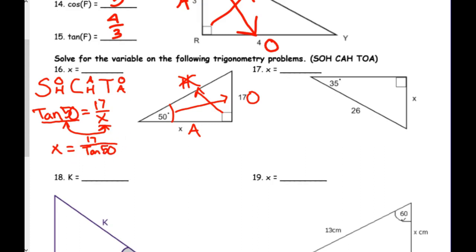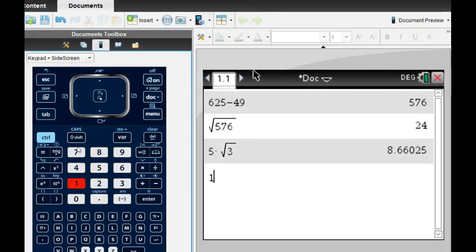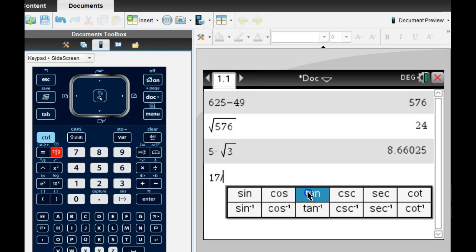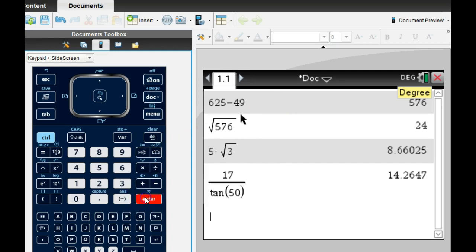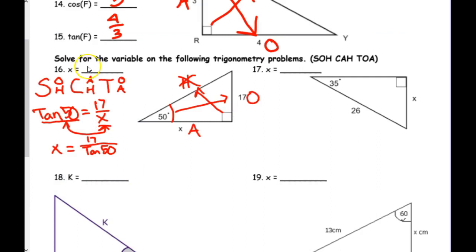So we can go to our calculator and type in 17 divided by tan 50. Now, remember, you need to be in degrees mode. It should say DEG right here in the top right of your calculator. So we get 14.26. Put that up here, 14.26. Not degrees, units. That's it.